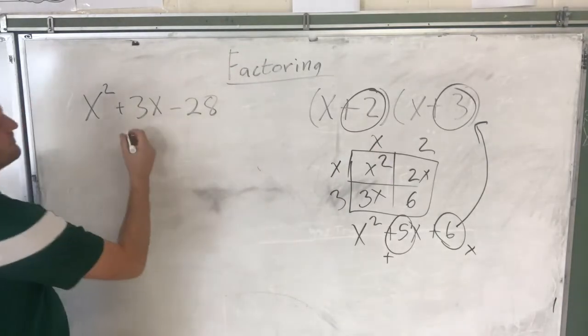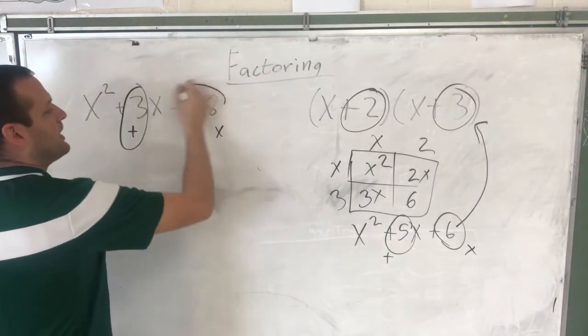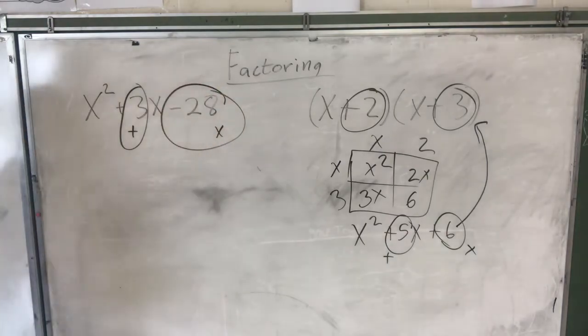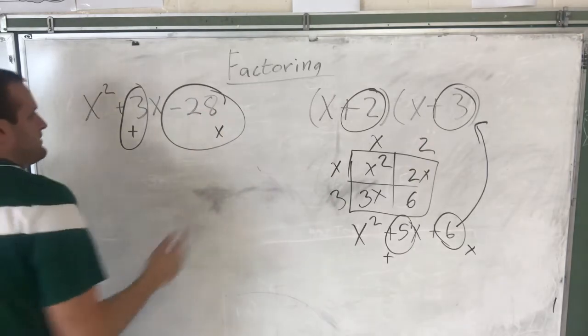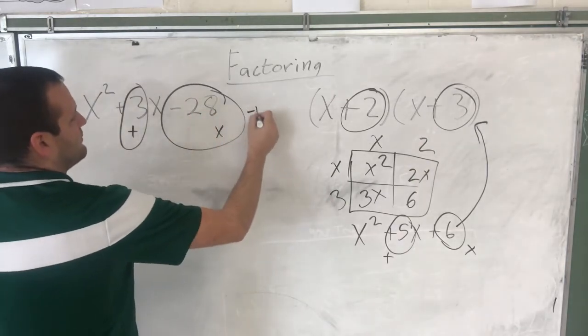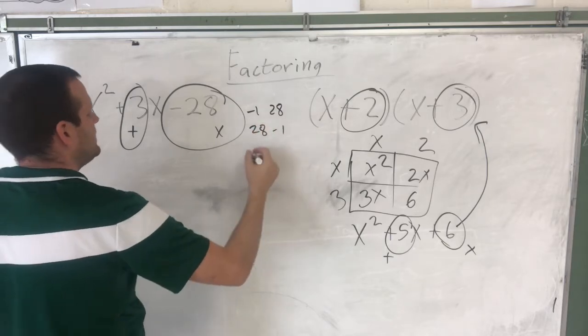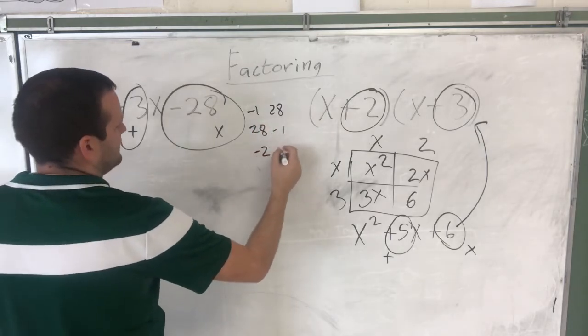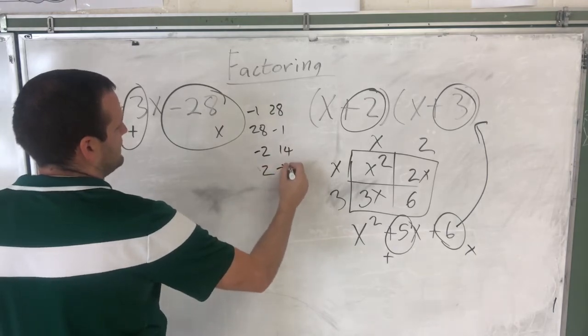Let's figure out what 2 numbers add to be 3 but multiply to be negative 28. The numbers that multiply to be negative 28: we've got negative 1 and 28, 28 and negative 1, negative 2 and 14, positive 2 and negative 14.